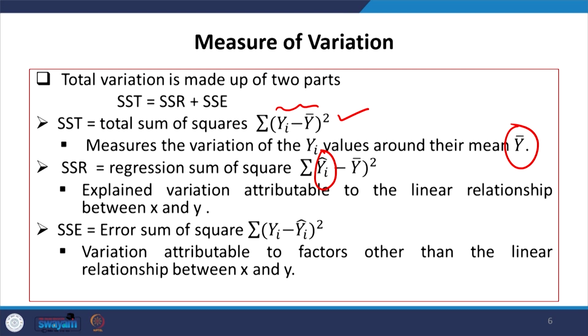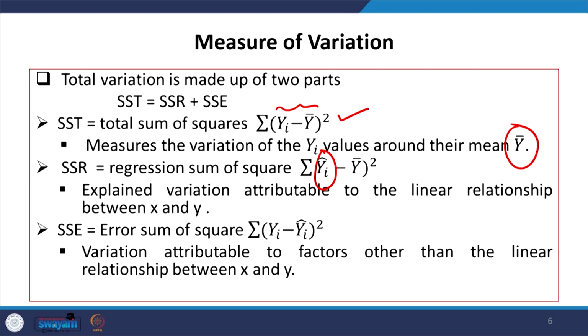That is called the explained variation attributable to the linear relationship between x and y. Due to the linear relationship between x and y, which we derive through the regression analysis, any variation is captured through the SSR, the regression sum of squares.